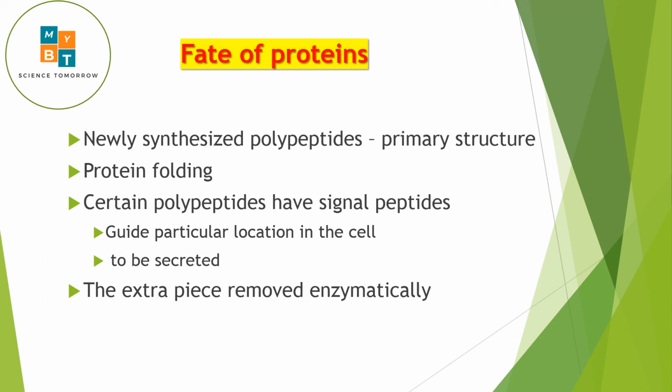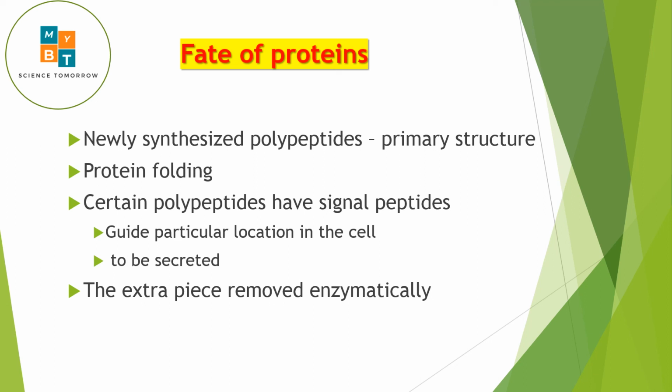And in some polypeptide chains, you will have a signal peptide. This peptide will guide the protein to a location in the cell, where to go and where to stop; the function of the protein is given by that signal peptide. Sometimes proteins will be secreted. So these extra pieces are removed enzymatically.